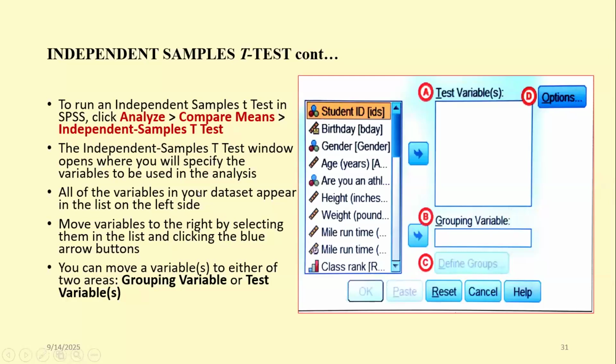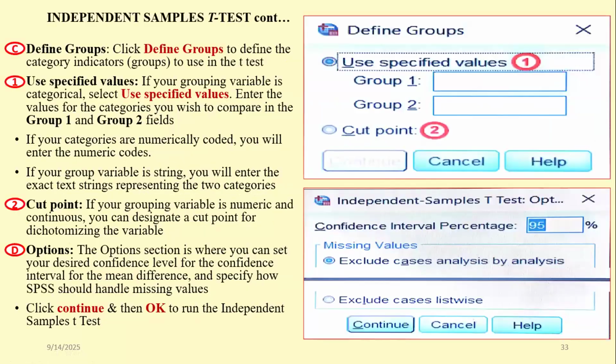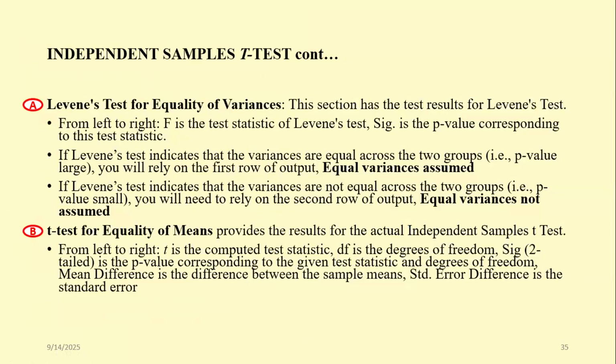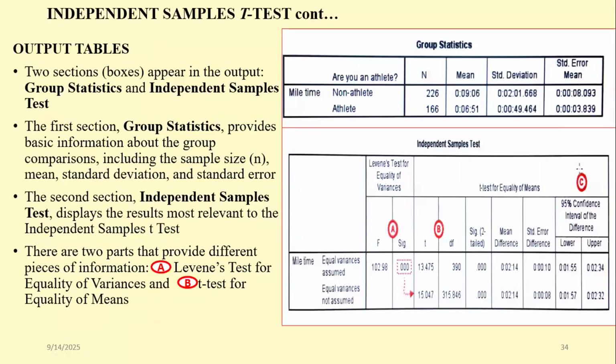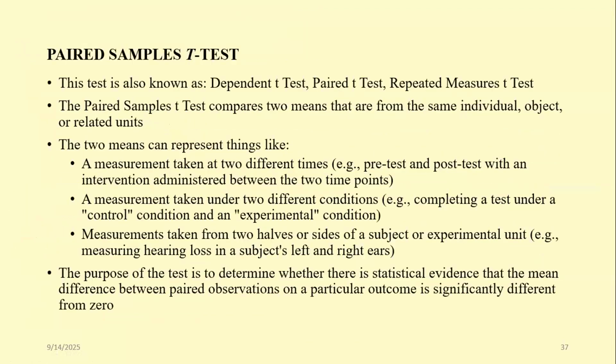You follow all the directives that I have written here, and even the output, your result, this is how it will show, and I have written everything there. So that is the independent sample t-test.